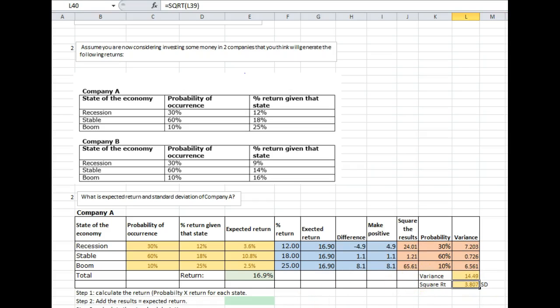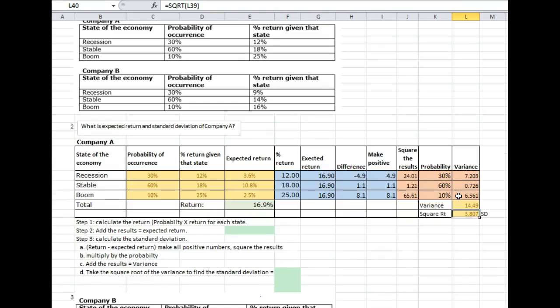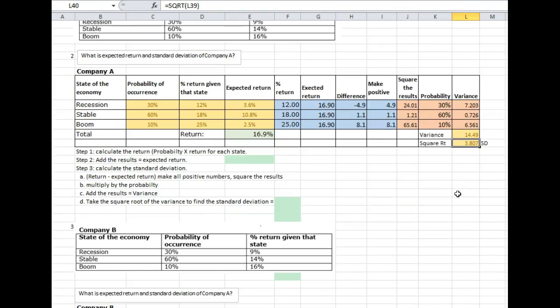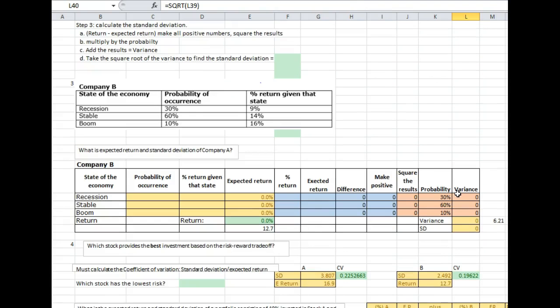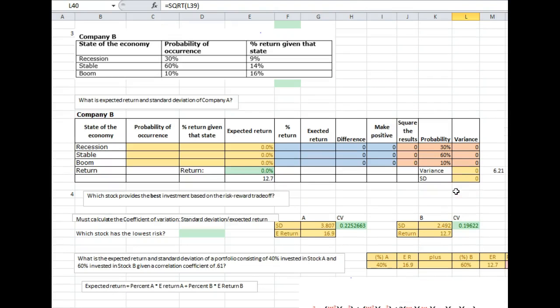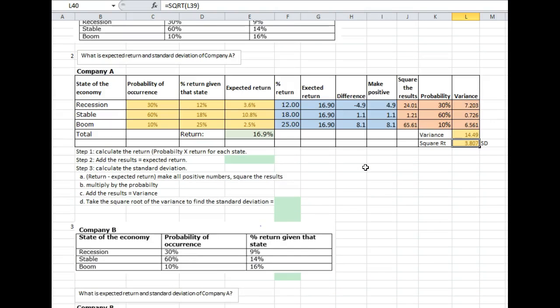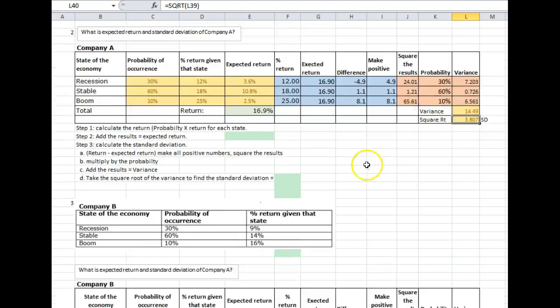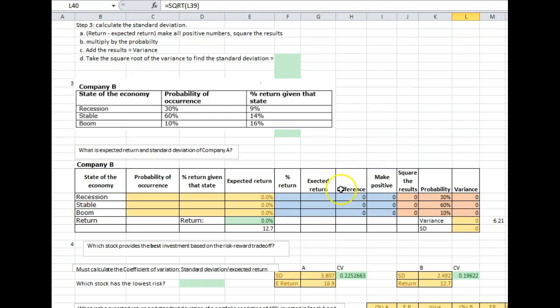So now that you have the return and you have the standard deviation, you're ready. You need to take that and compare it to B. And you can do the same thing I did. I'm not going to show you how to do this. You can come back up here and pretty well surmise how I did it. You can do it yourself.